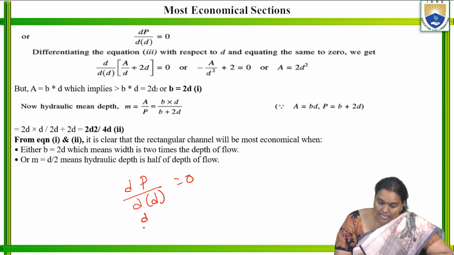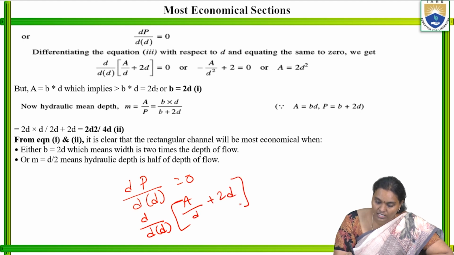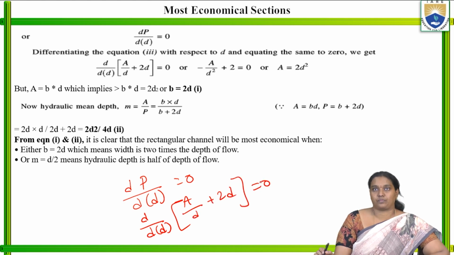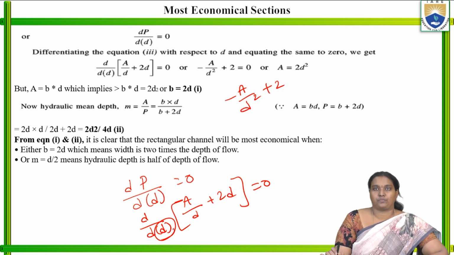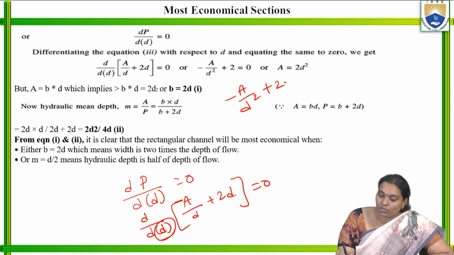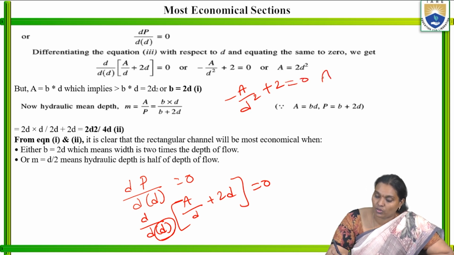So d by dD of (A by D plus 2D) is equal to 0. Differentiating, we get minus A by D square plus 2, with respect to the depth of the flow, equal to 0. That is, A by D square is equal to 2.